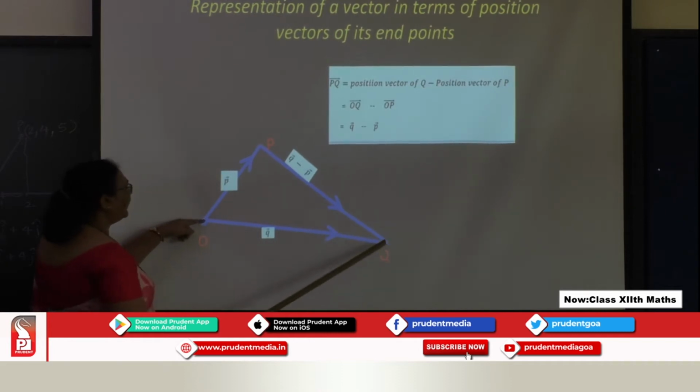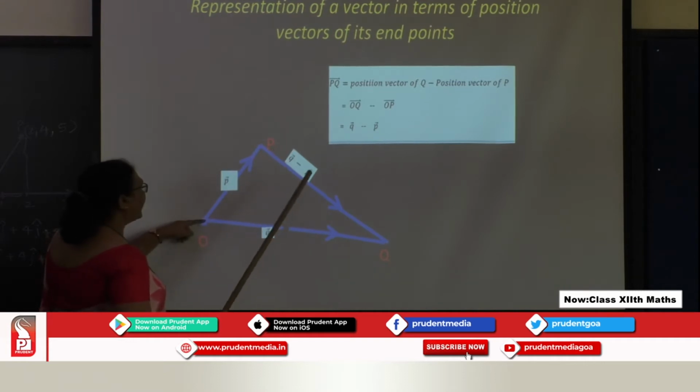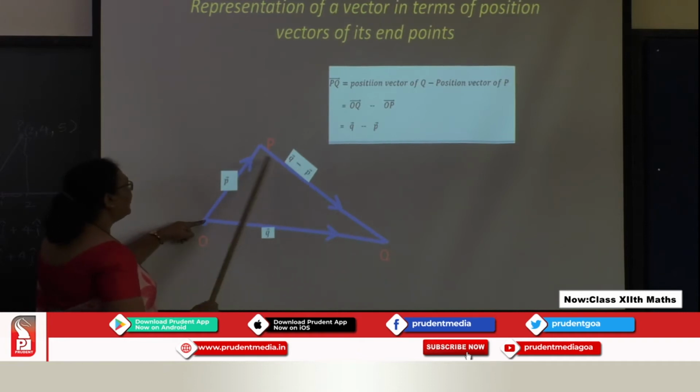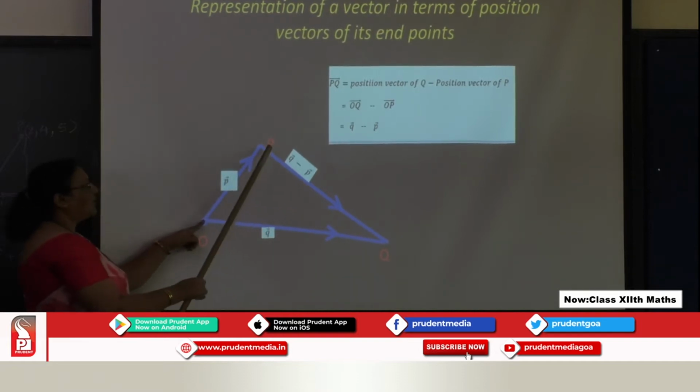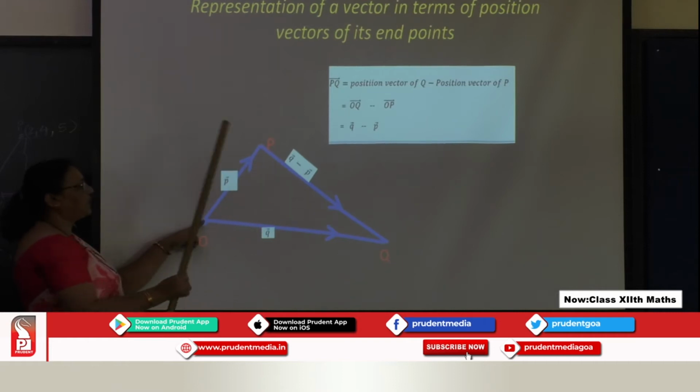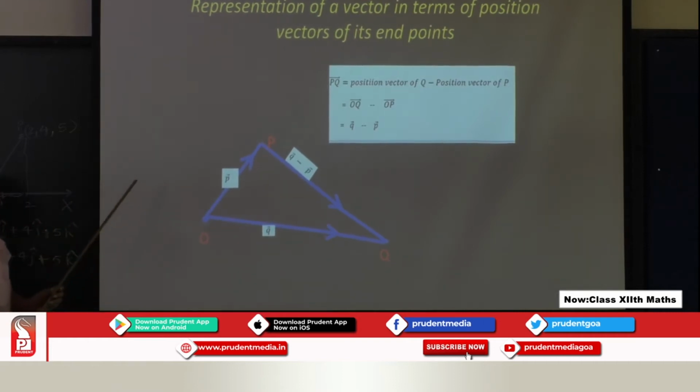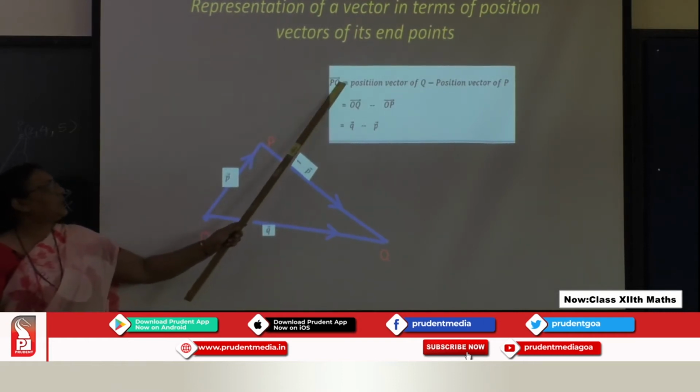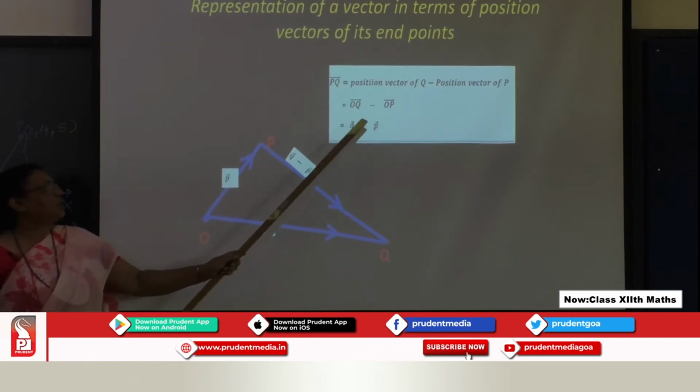So you will get the opposite direction, and that is why you are getting a minus sign here. The directions are not the same, so it is not going properly as a triangle law, and that is why you are getting Q minus P. So any vector PQ in space is represented by Q minus P.